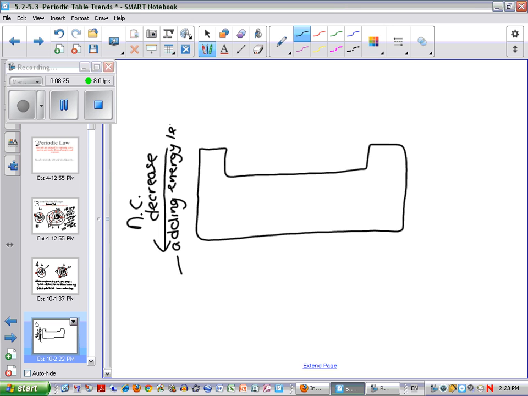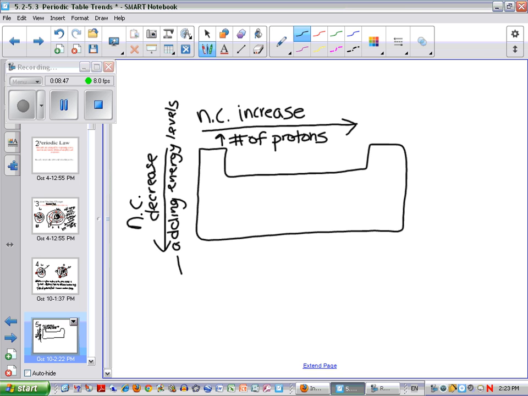And so your electrons are getting further and further away, so the protons pull on the electrons less. As you go across a period, your nuclear charge is going to increase because you're staying within the same energy level, but you're increasing your number of protons, which means more pull on the electrons.